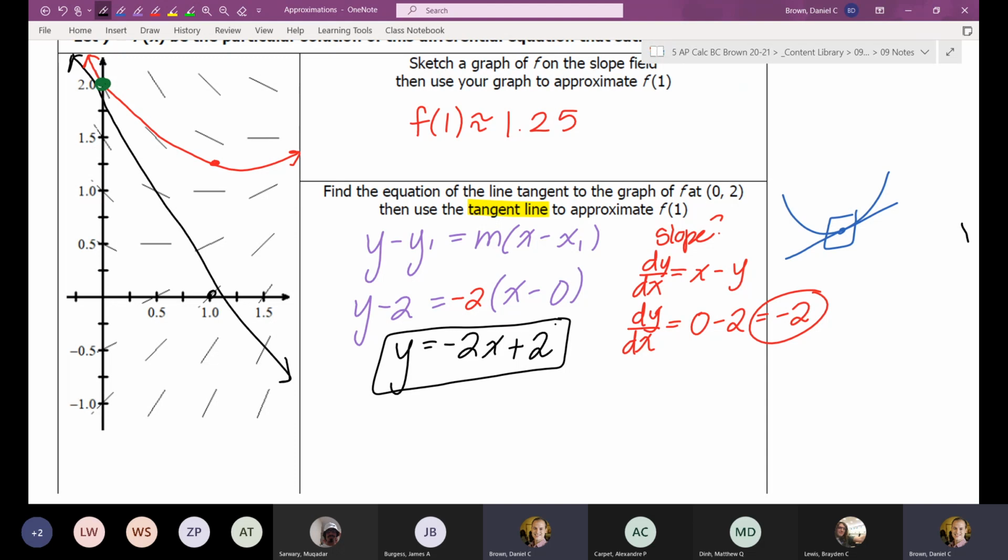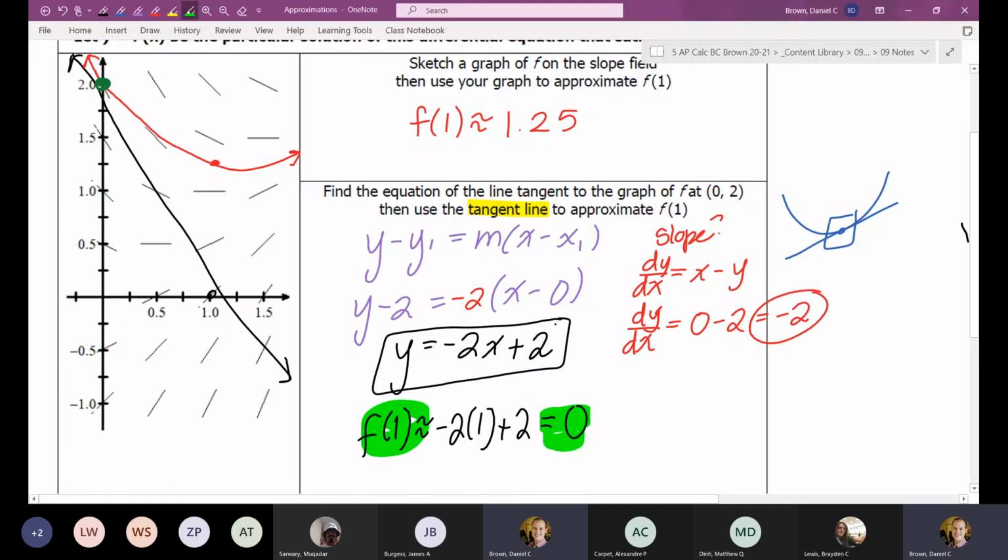So I'm just going to pretend that the tangent line and the curve are practically the same. So if I wanted to estimate f of 1, it is approximately the tangent line value at 1. Well, negative 2 times 1 is negative 2, plus 2 is 0. So from that tangent line approximation, we're going to say that f of 1 is approximately 0.